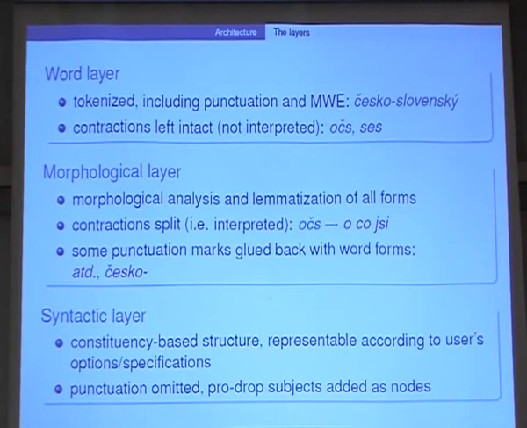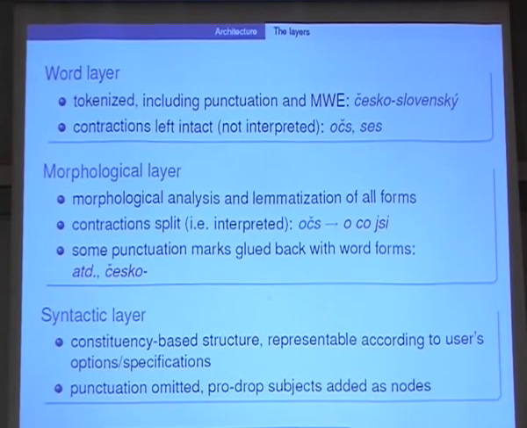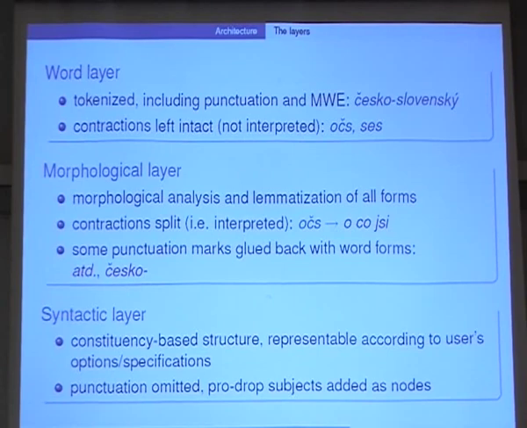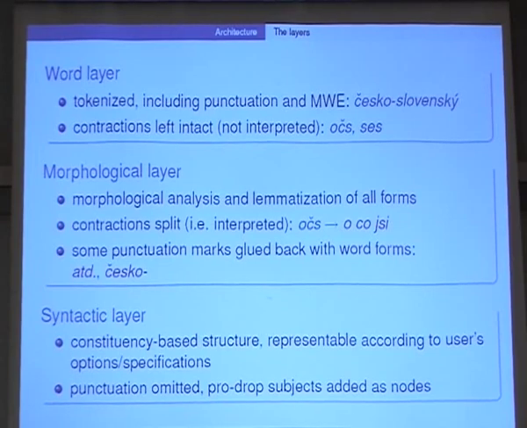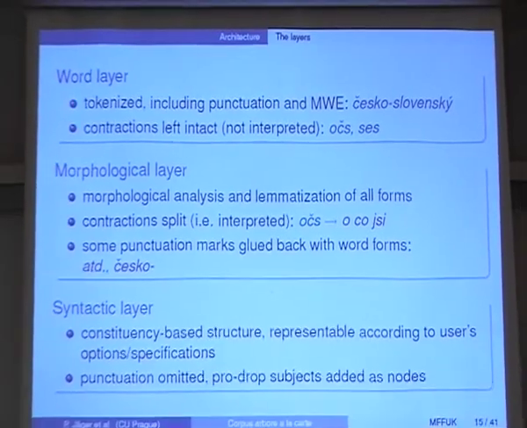It's a morphological layer, which is a result of morphological analysis and lemmatization of all forms. The contractions are interpreted here. For instance, oč is split into elements, and these elements then form nodes on the syntactic layer. And also some punctuation marks which have been separated on the word layer are glued back with word forms.